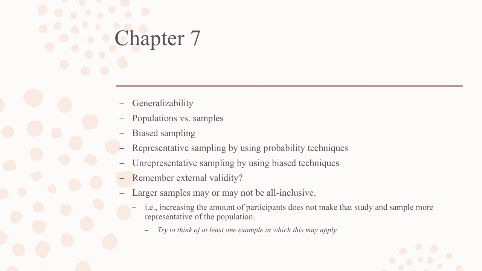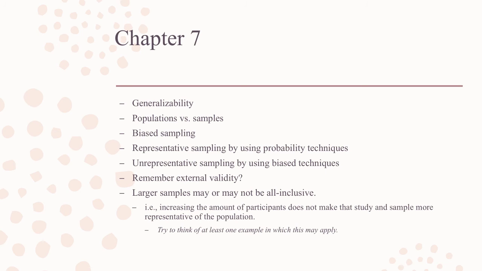Your textbook says larger samples may or may not be all inclusive, and I agree. That is, increasing the amount of participants you have doesn't make it more representative of the population you're trying to study. And I want to get rid of that word significant that I just used.